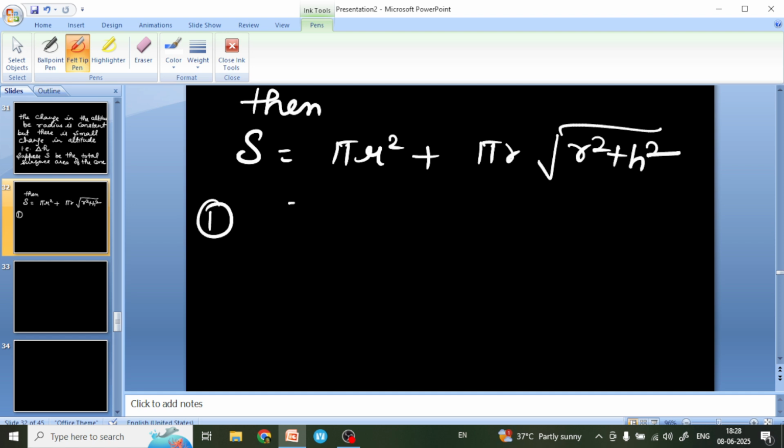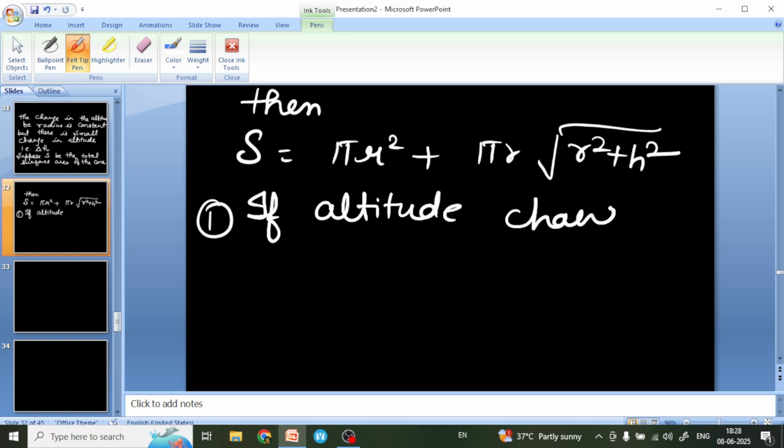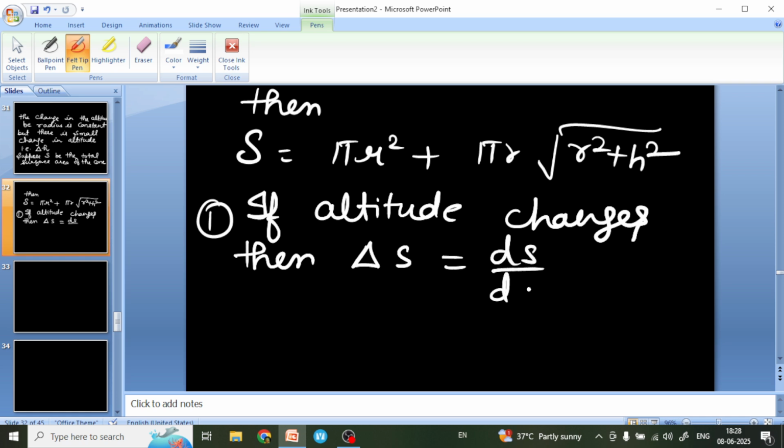According to first point, if altitude changes, then delta S is equal to dS over dh delta h.